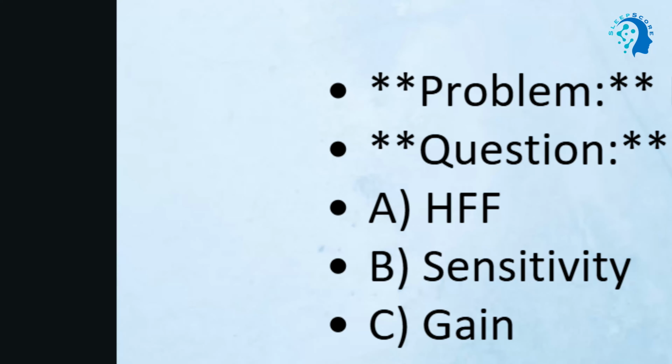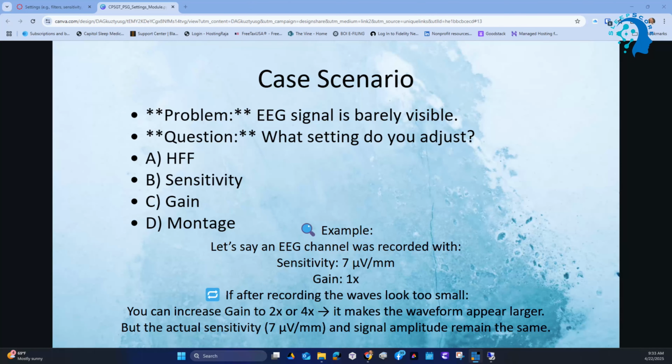Check this question. You need to understand the question. It says the signal is barely visible. It's not visible. It's so small. So it's asking what settings you need to adjust. A is high frequency filter, sensitivity, gain, or montage. And you need to say sensitivity or gain. So here is an example.